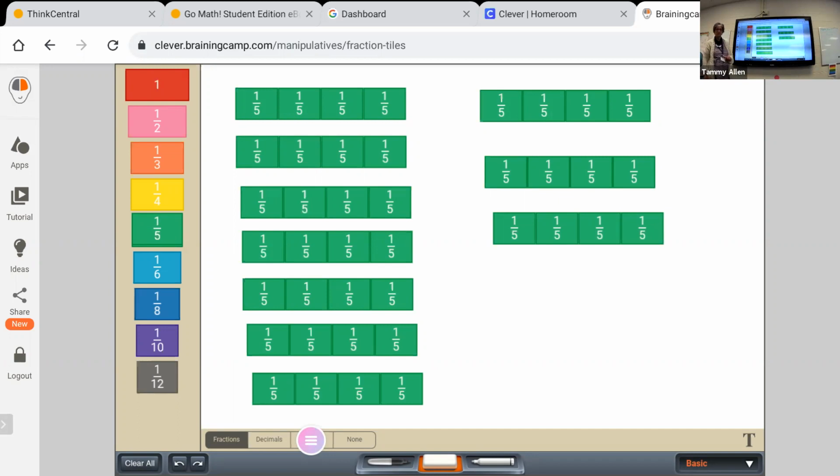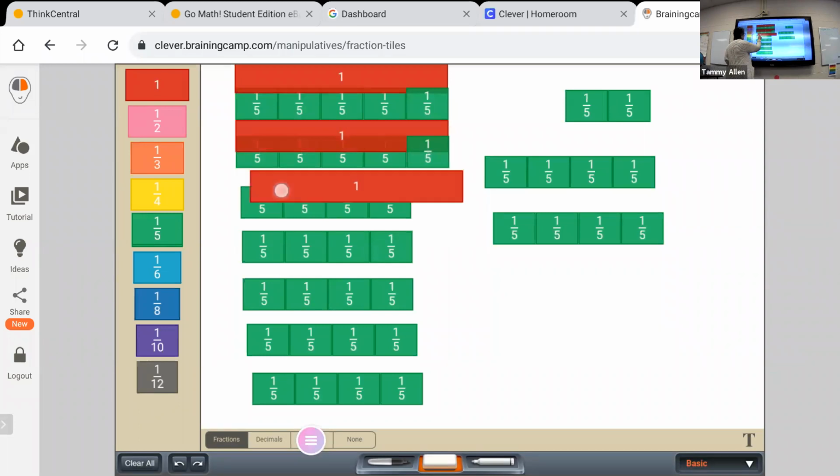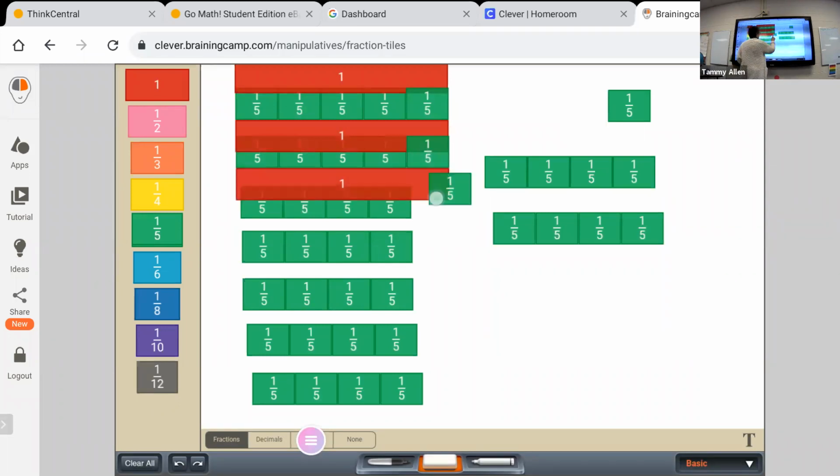Okay. So now we're trying to fill out whole amounts, right? So I'm going to do the shortcut of it just to save time. Let me grab one there. Grab another one there. Another one there.